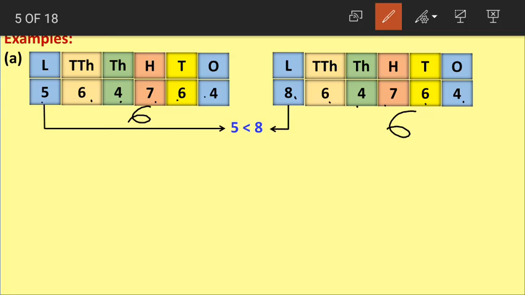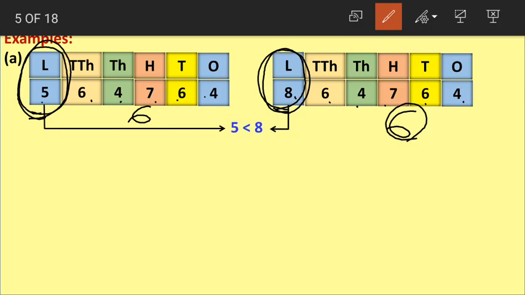There are 6 digits in the second number as well. So we cannot say which number is greater based upon the number of digits, as both are same. Now what should we do? We should start comparing from the highest places, which is on the extreme left.